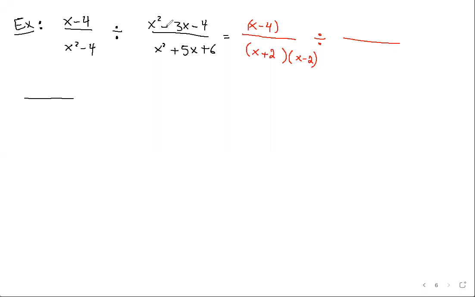Okay. For this one, x squared minus 3x minus 4, what's the factor? x minus 4 times x plus 1. Let me make sure. Minus 4 times 1 is minus 4. Minus 4 plus 1 is minus 3. Yes. Last one.